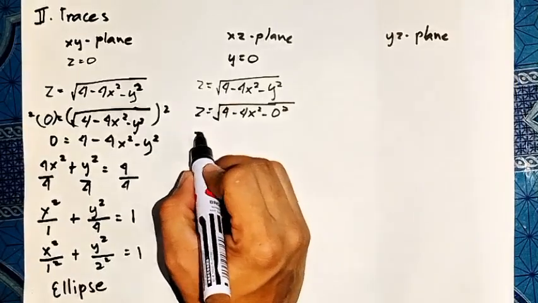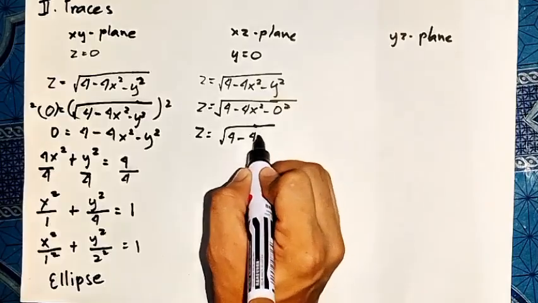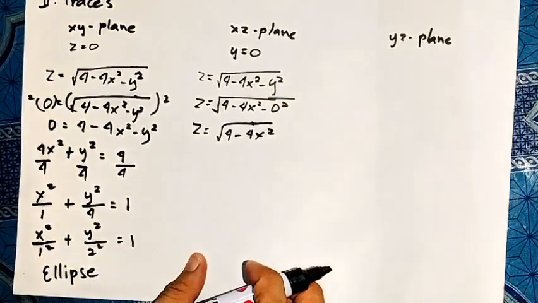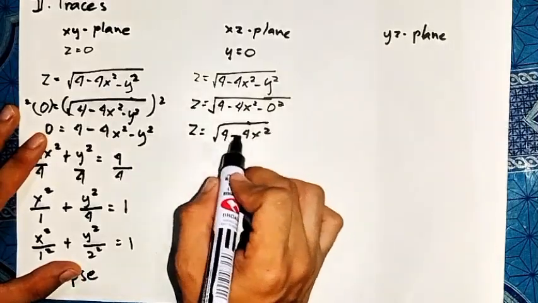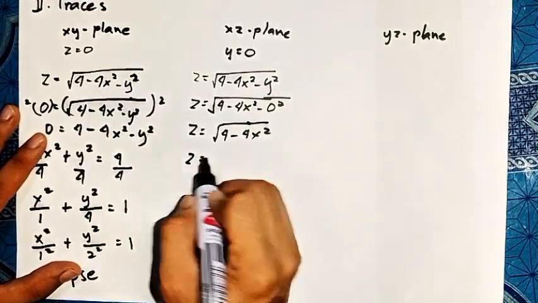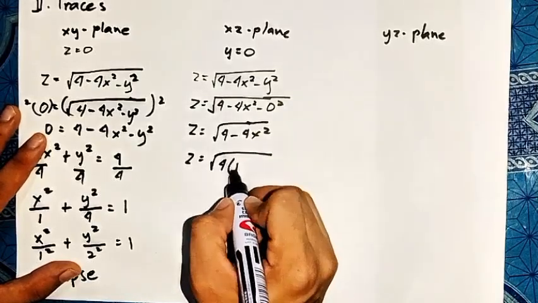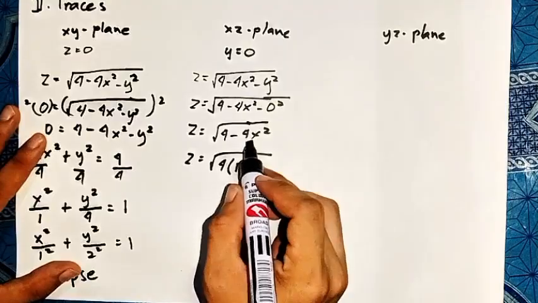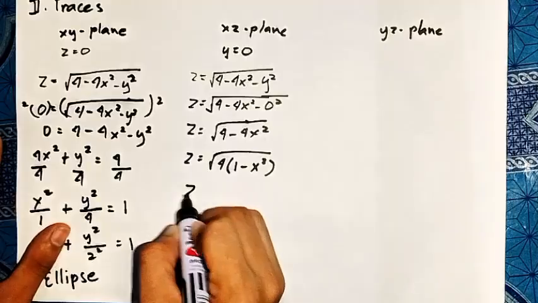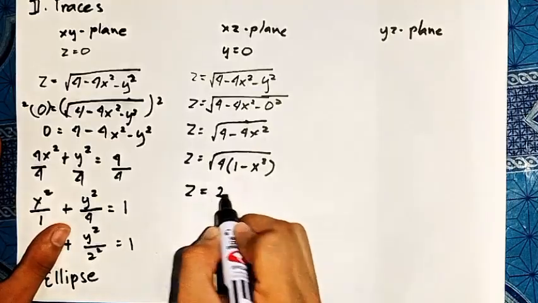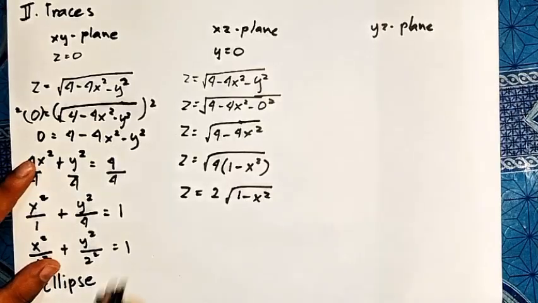Now, z is equal to the square root of 4 minus 4x squared. Next, as you can see inside the square root, we can factor out the 4, right? So 4 times (1 minus x squared). Now, z is the square root of 4, which is 2, times the square root of 1 minus x squared.